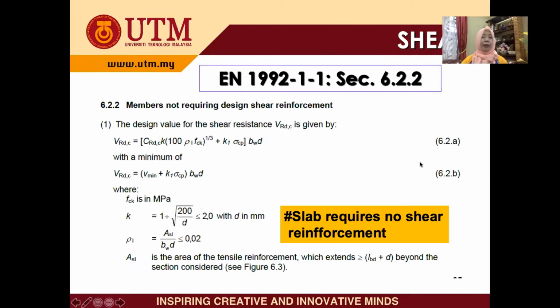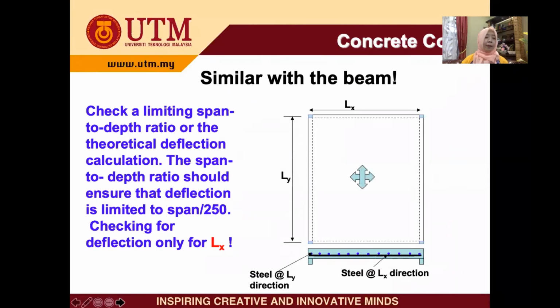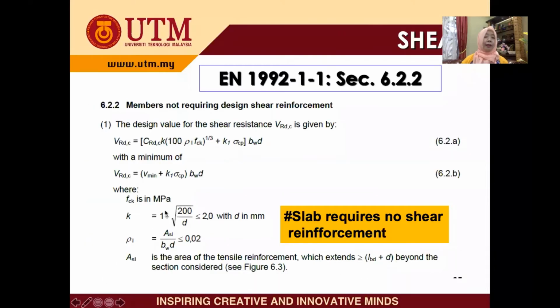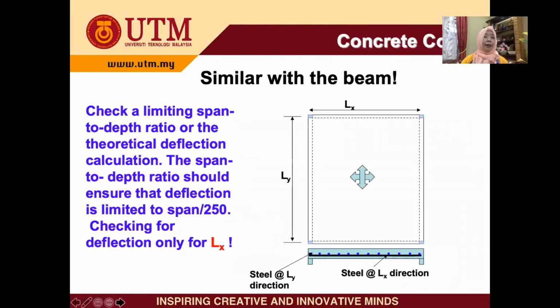To calculate 6-A, k is given by this equation, rho 1 here. ASL is the area of steel. We will see this in the example.